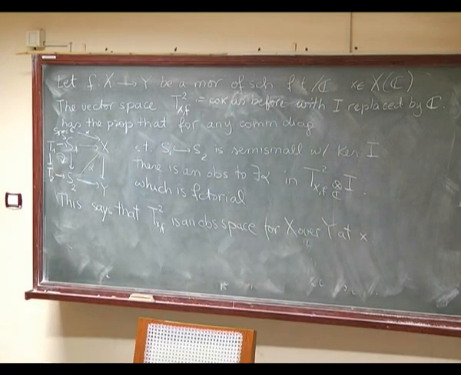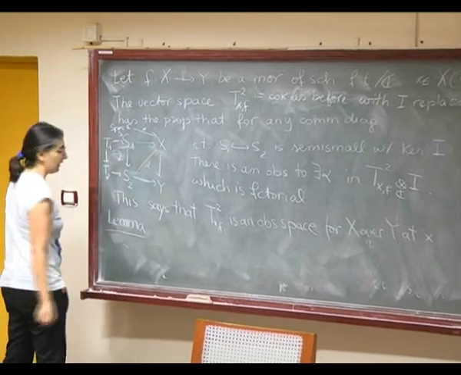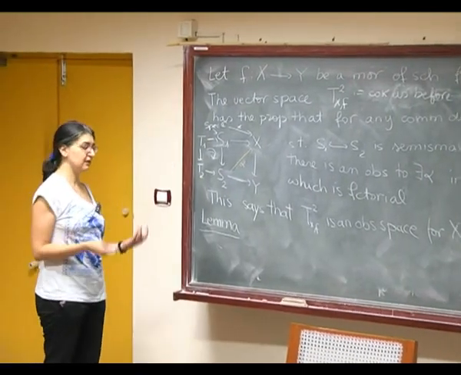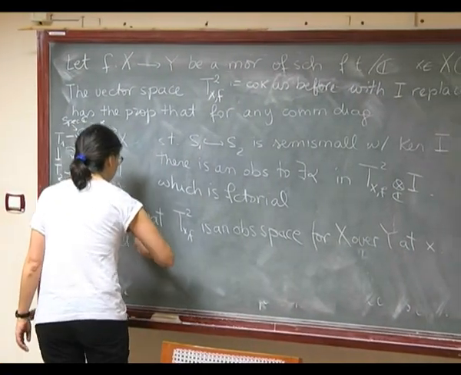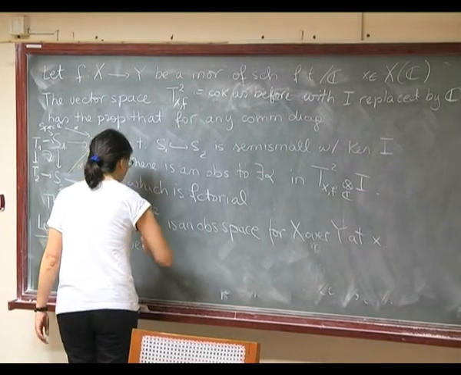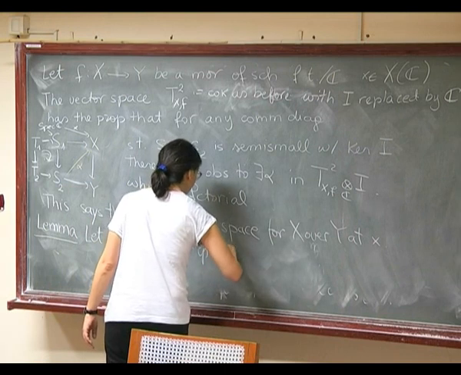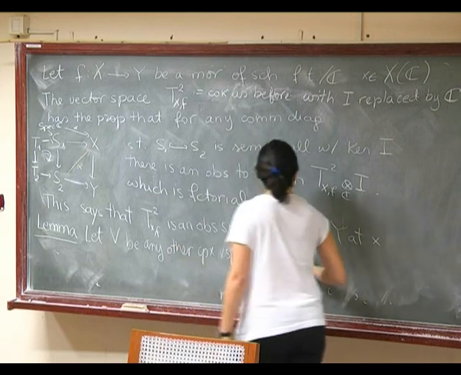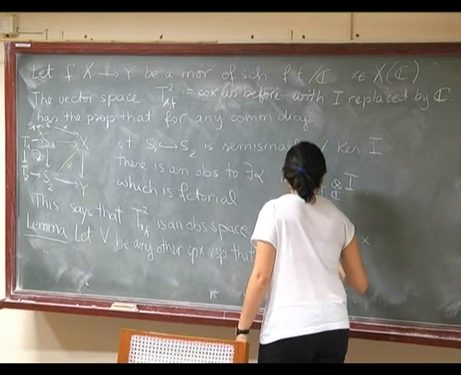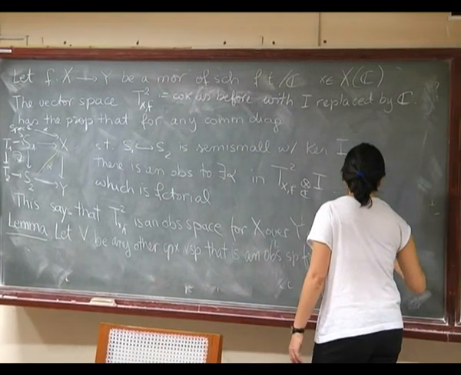And there is a very, very simple lemma, which again is something that requires, so one implication is, lemma, let me state the lemma, let V be any other complex vector space that is an obstruction space for X over Y at x.